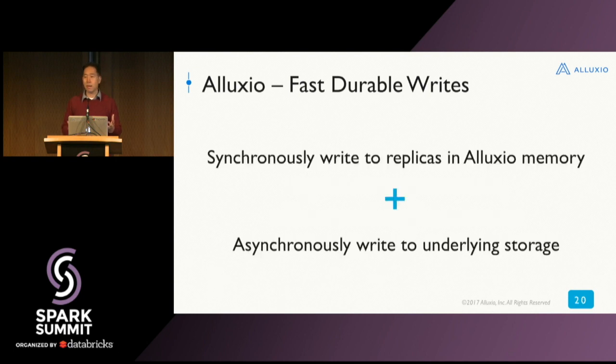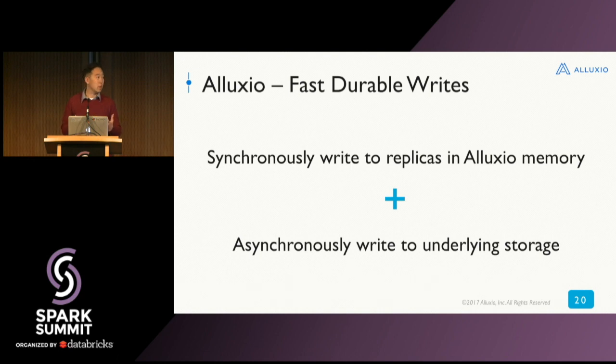And so fast durable writes has two major components and two major steps to the feature. First, applications and clients will synchronously write multiple replicas to Alluxio memory. And then the second step is that Alluxio will asynchronously write that back out to the underlying storage.